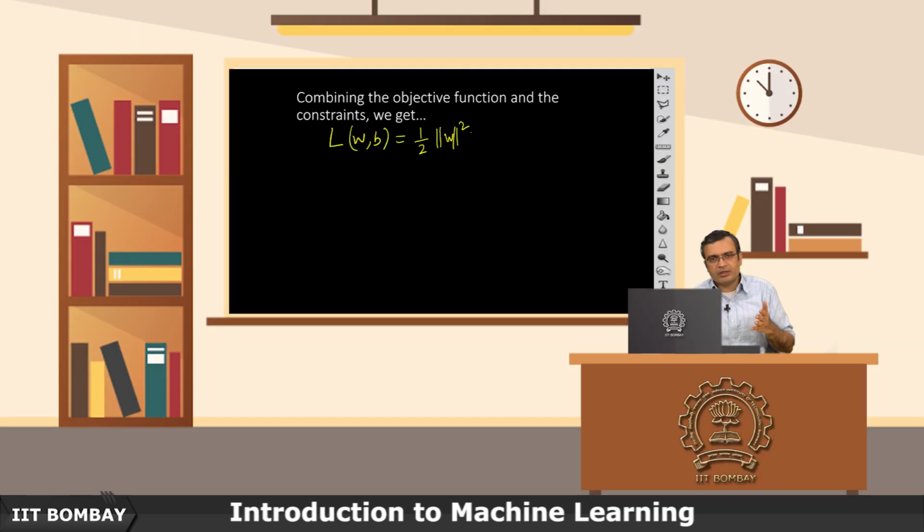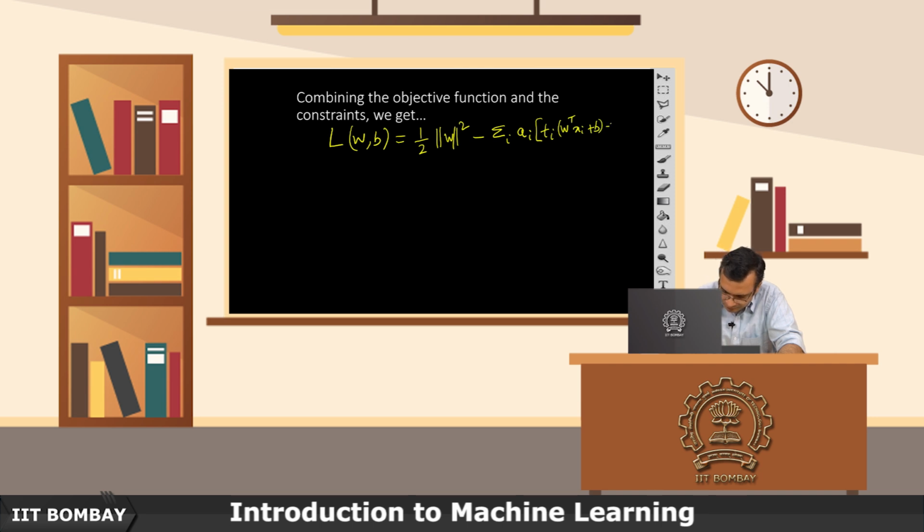We are trying to shrink the weights while keeping the margin constant. We will use the Lagrange form of the constraint, in which we have a sum over i, over all the data points, with the Lagrange multiplier a_i, and the training label t_i, and then w transpose x_i plus b.